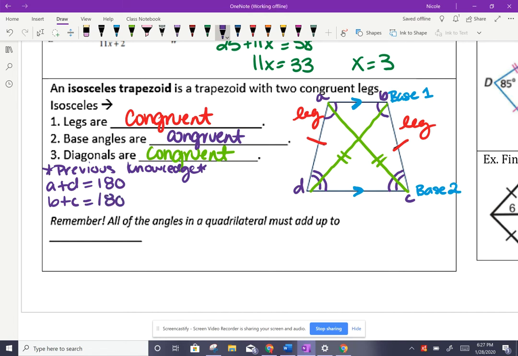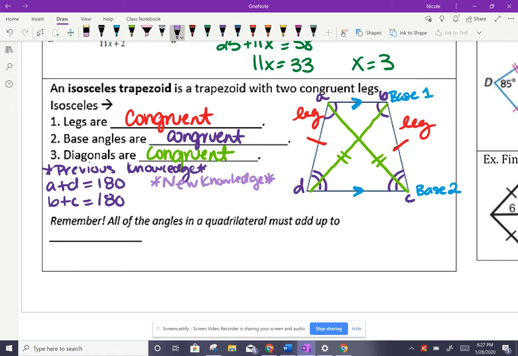But since A and B are congruent and D and C are congruent, the new knowledge is that your opposite angles are going to be supplementary. Think about substitution.